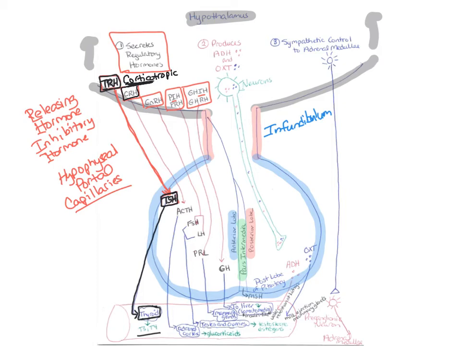CRH, again, is going to travel through that little hypophyseal portal system, through those little capillaries, all the way down to the anterior lobe of the pituitary. In the anterior lobe of the pituitary, it will cause the cells in the anterior lobe to release ACTH. ACTH stands for adrenocorticotropic hormone.